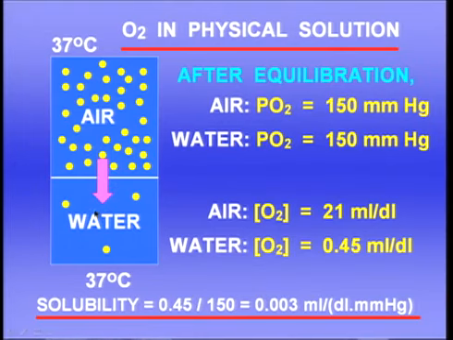By equilibration we mean we wait until the number of oxygen molecules entering the water is the same as the number escaping. So we've got equilibrium. And the question is, what is the partial pressure of the oxygen in the water? The answer is that it's the partial pressure of the gas in equilibrium with the water.